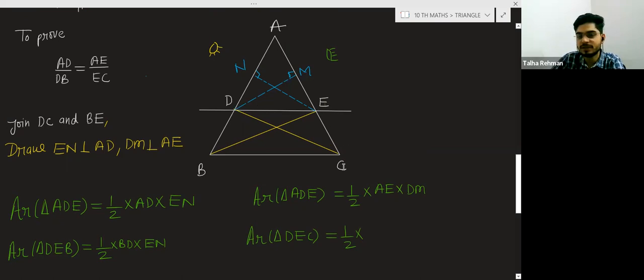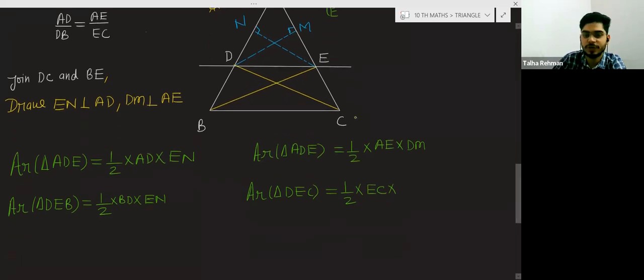EC will be the base, na? This will be the base, and when you extend this EC, this will be the perpendicular. So EC will be the base and height will be DM, because this DM is perpendicular to this EC also.